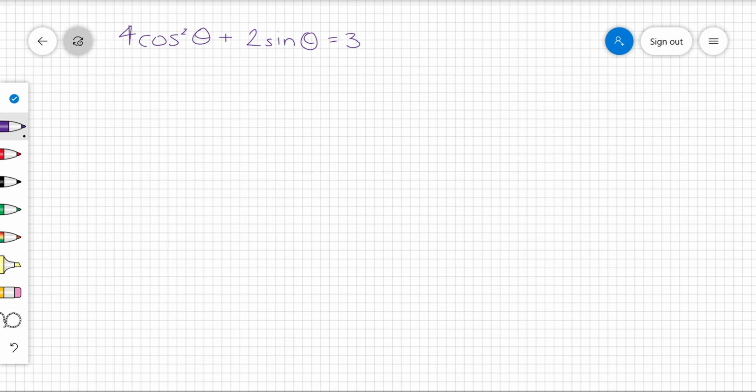I know that if I remember rightly, sine squared theta plus cos squared theta equals 1. So identities come in really handy. So cos squared theta must be 1 minus sine squared theta. If I change that, now everything is in terms of sine theta.